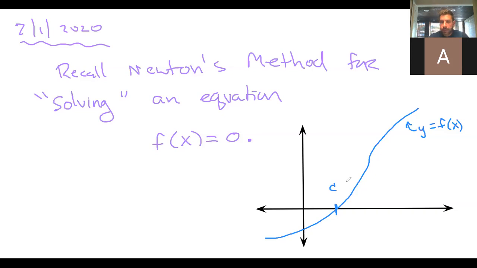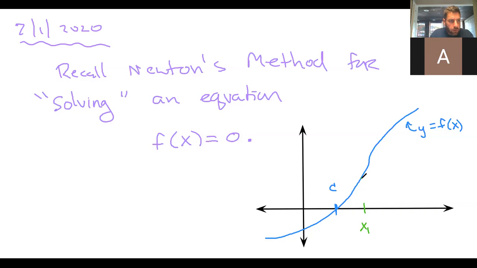The idea behind Newton's method is you take some guess. I'll use a different color, let's say green. Newton says, let's make a guess on what the root is, the solution of the equation, and let's call it x1.